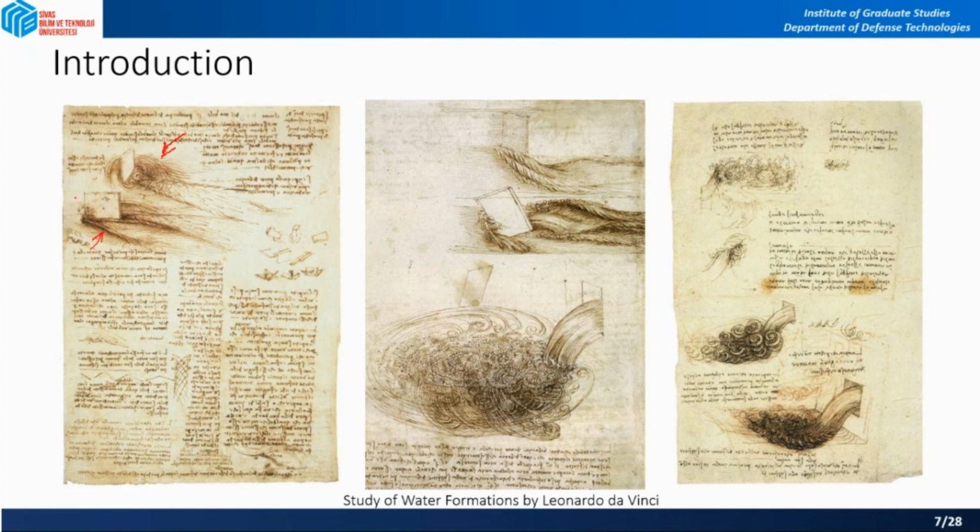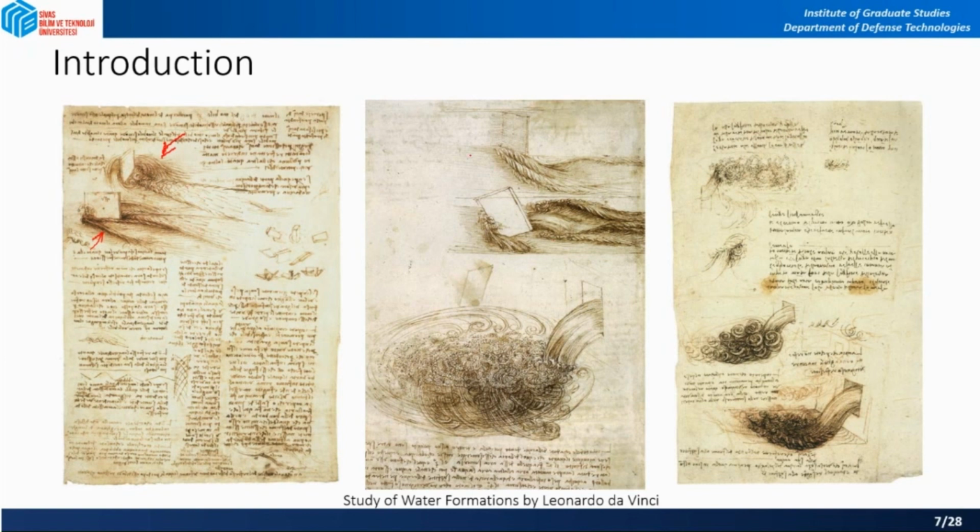So he put a plate inside the water. One plate was kind of aligned with the water stream. One plate was normal, and he was seeing different patterns that were shaped inside the water.